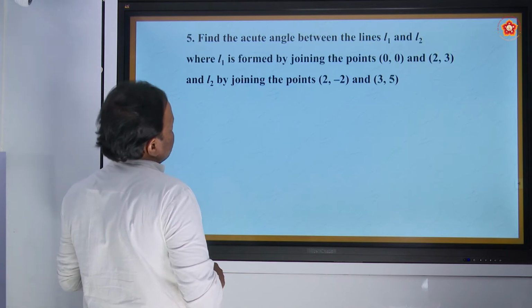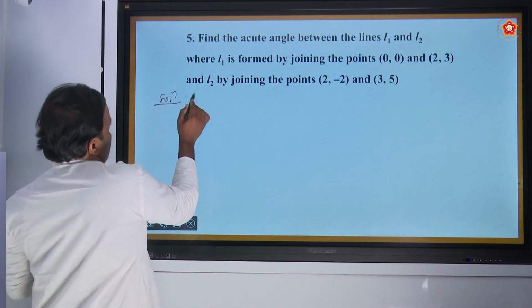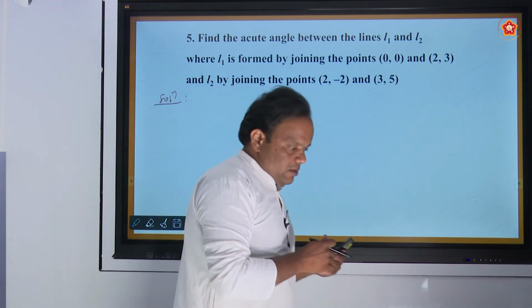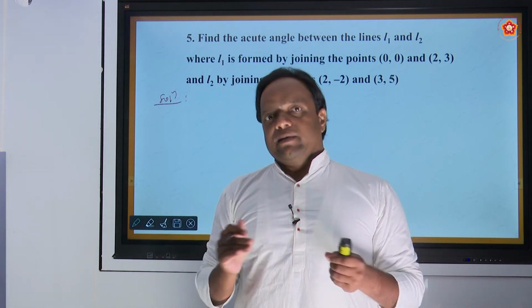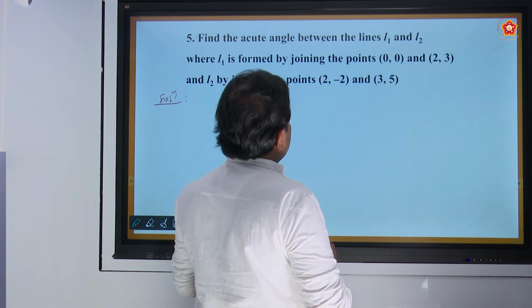Let us see the next problem. This problem is given a little indirectly, so the slopes are not given directly here. We can find the slope by using the given condition.